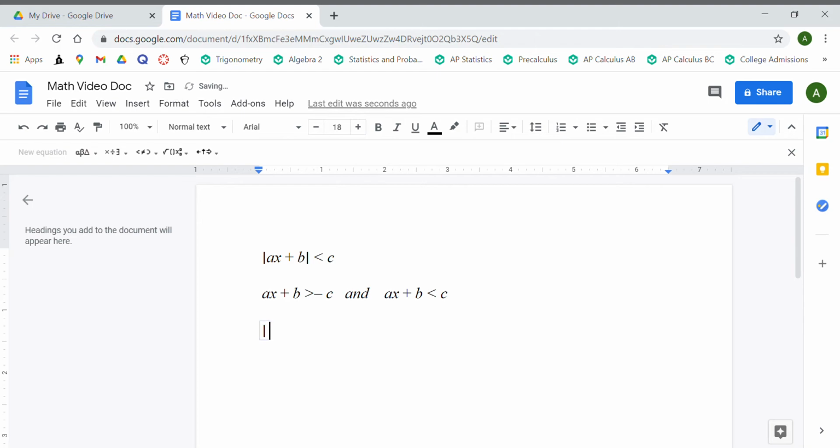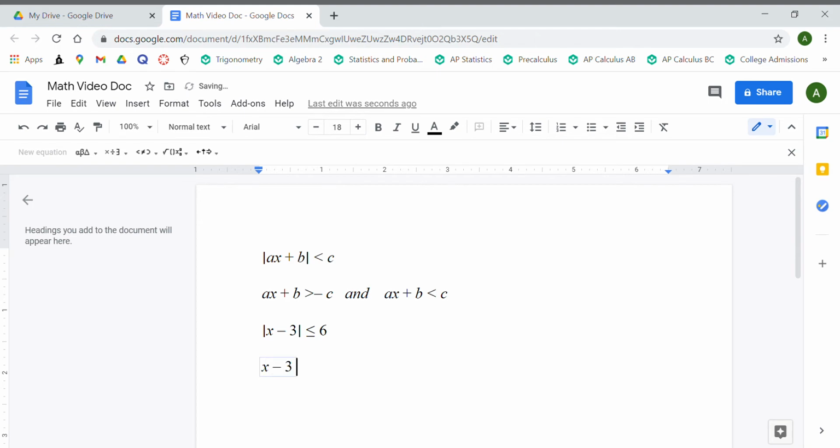Let's say you have something like this: the absolute value of x minus 3 is less than or equal to 6. Like absolute value equations, we need to split this into two parts. Because this arrow is pointing to the left, we need to split this up into an "and" inequality.